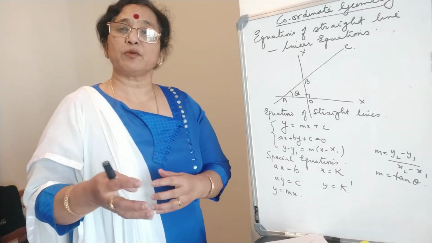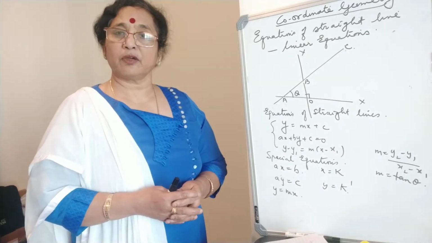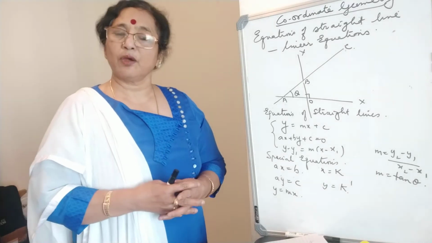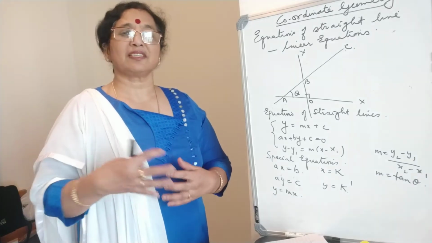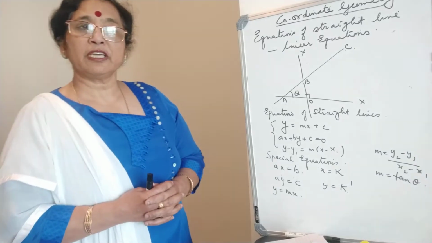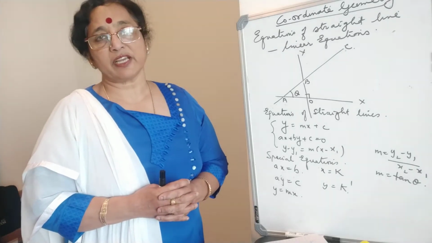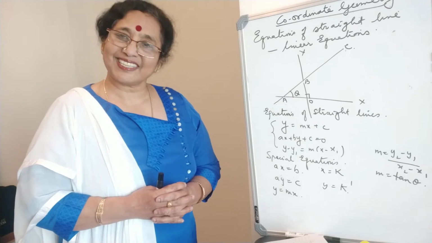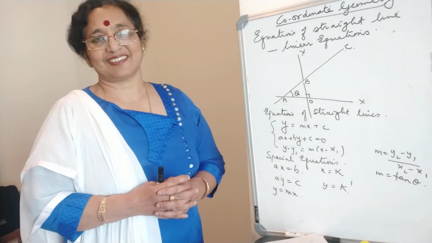So 4y equals 5 or y equals 9, okay, or 2/3 y equals 6, whatever. Okay, you simplify, you'll get y equals a constant k. So if the equation has only y and a constant, that means they are straight lines parallel to the x-axis, okay, or perpendicular to the y-axis.